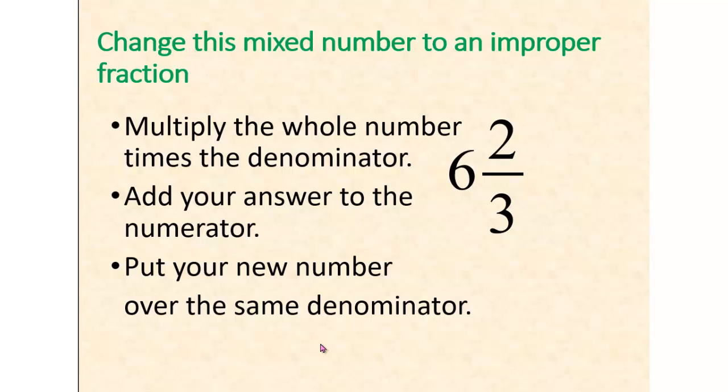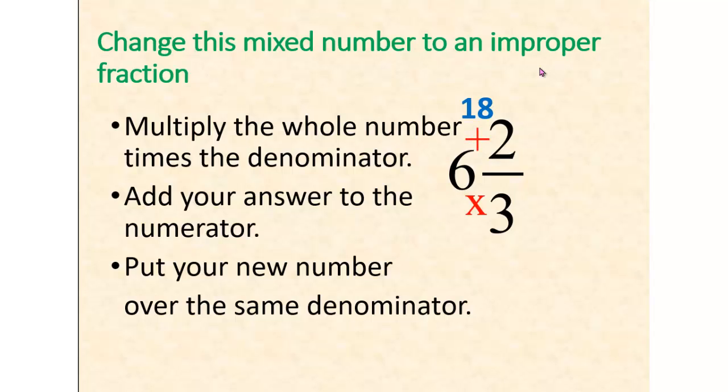What about if I have a mixed number? I cannot add or subtract mixed numbers unless I change it first to an improper fraction. How can I change the mixed number to an improper fraction? Simply multiply the whole number times the denominator, so 3 times 6, which equals 18.